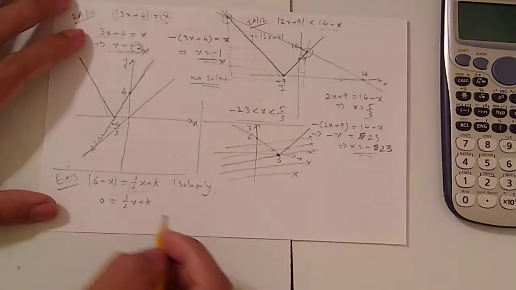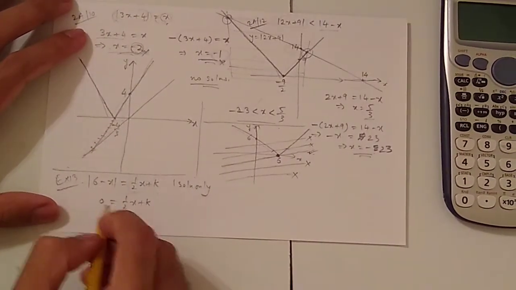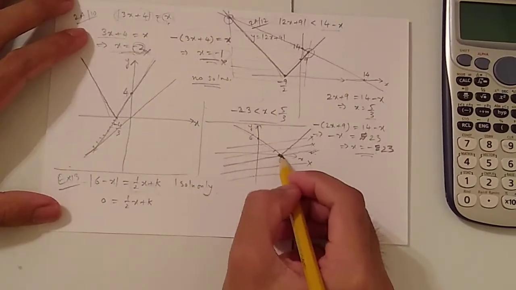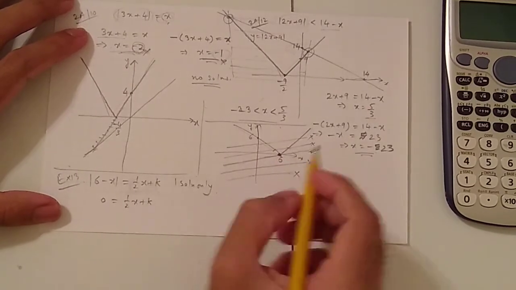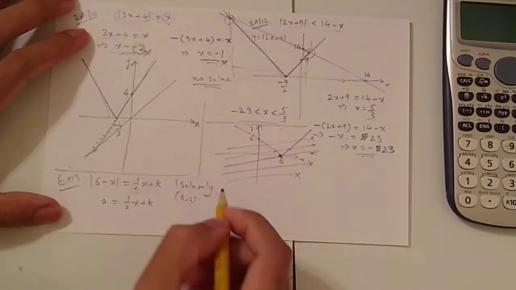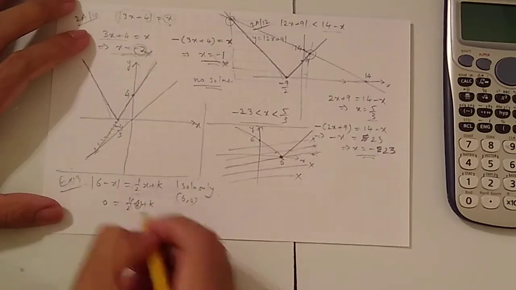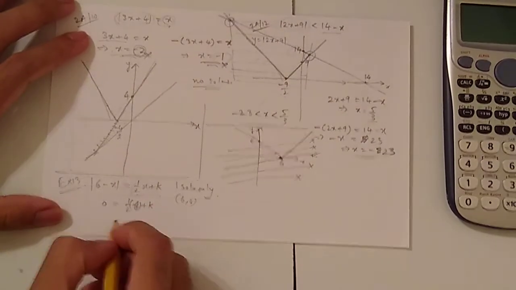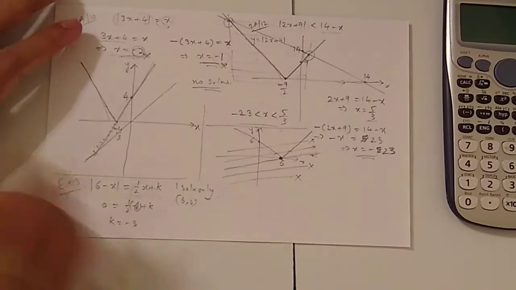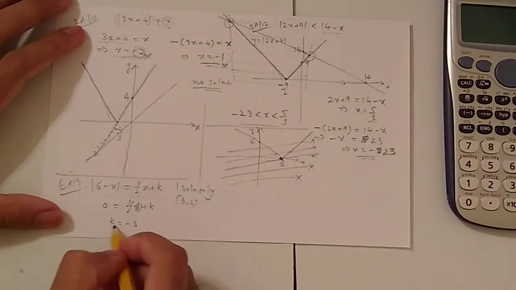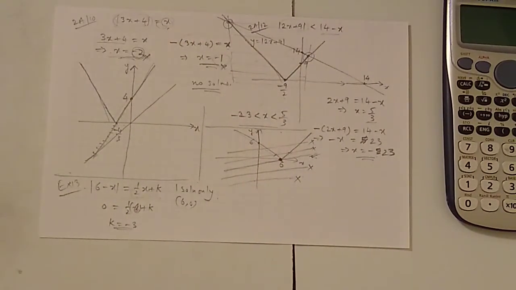Solve the equation: 0 equals half x plus k and x is equal to 6, so this point is (6, 0). So we have half times 6 plus k, and therefore k is equal to minus 3. The value k equals minus 3 is the answer to the first part of the question.